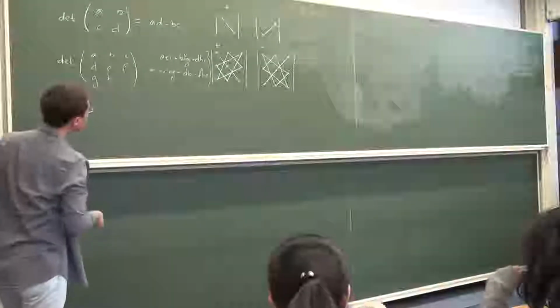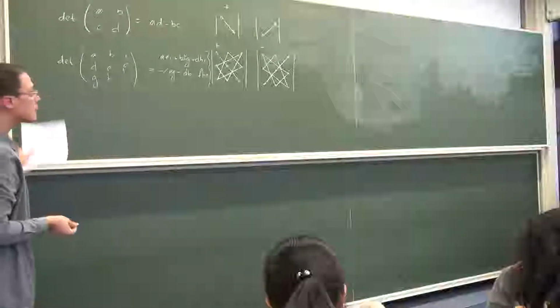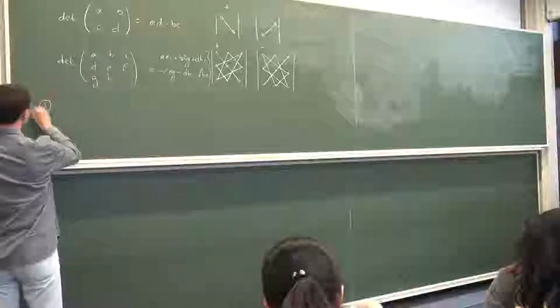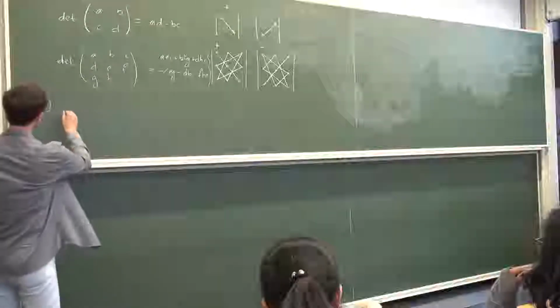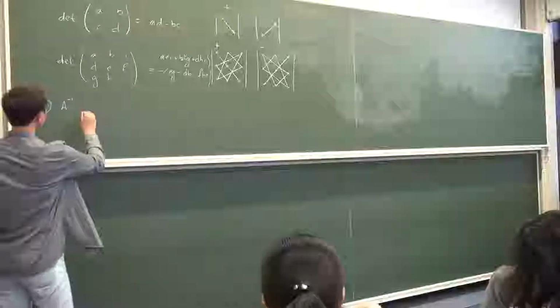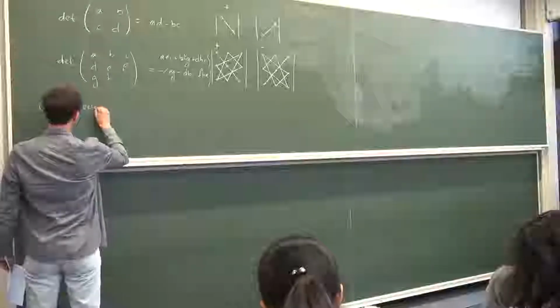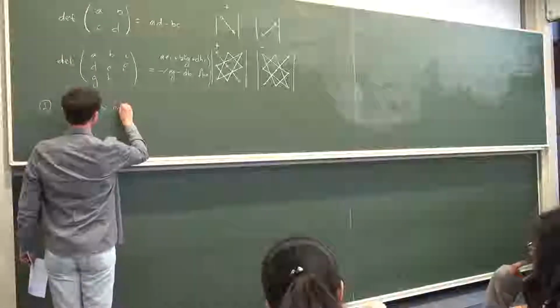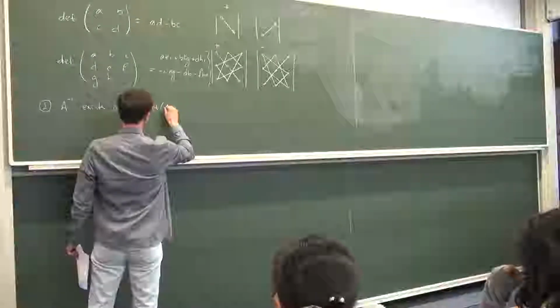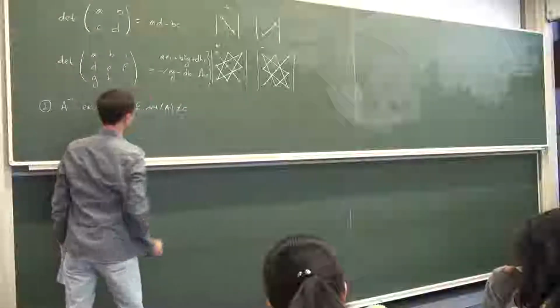What is important to us, however, is not these explicit expressions, but the properties of determinants. So the first important property is A minus 1, so the inverse matrix, exists only if the determinant of A is not 0.